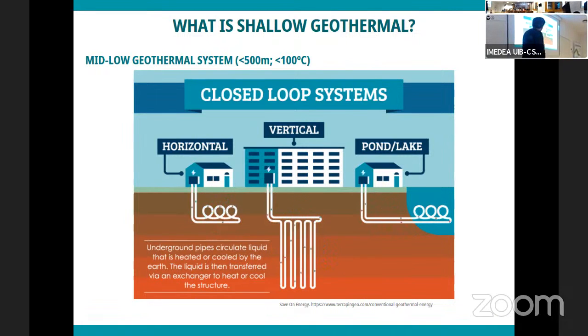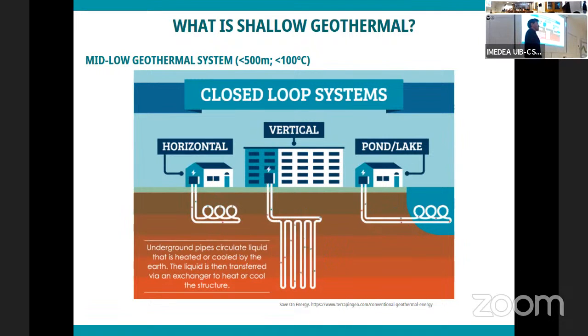But the most common is this design, and sometimes the pipes are put in the foundations. In the foundations of large buildings, we use big columns to consolidate the structure, and you can include these pipes inside the columns.